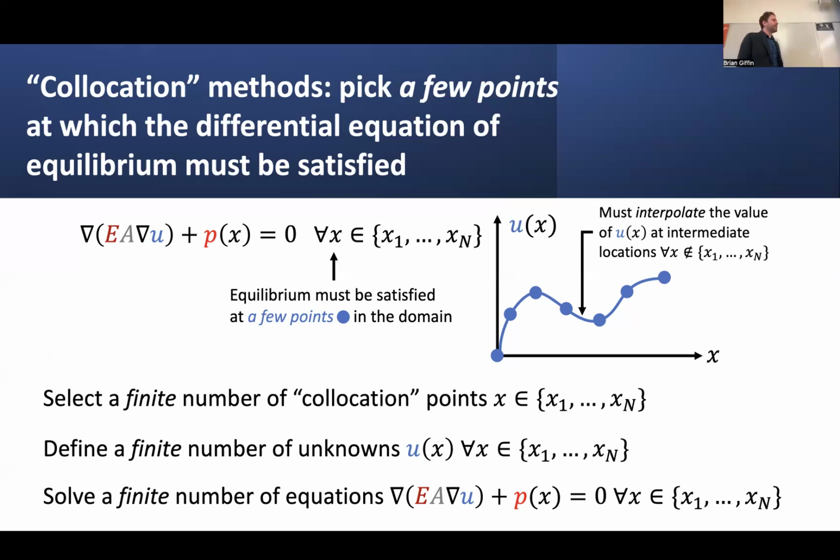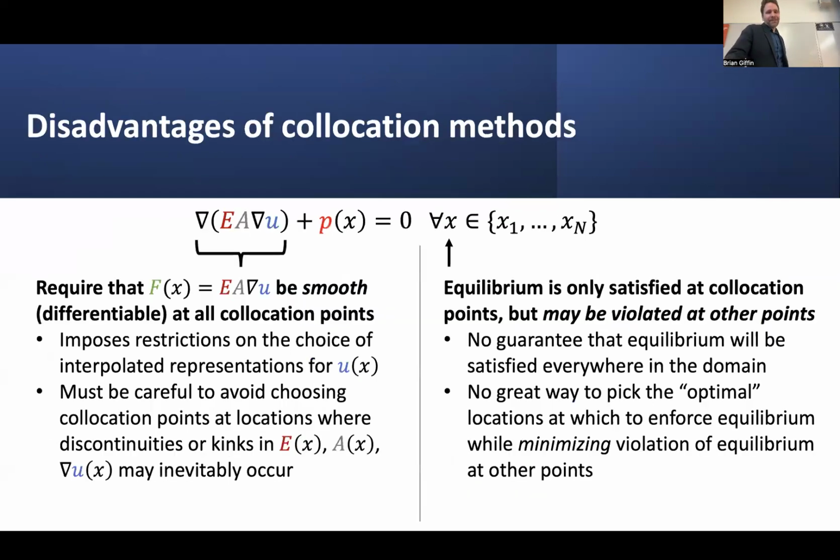All right. Now, collocation methods are fairly simple, fairly straightforward to construct. It just leverages this statement of equilibrium in its differential form as we previously posed it. But there's a downside to trying to solve problems using this collocation scheme. And really, there are two problems. The first problem is, take a look at this particular term involving the nabla operator.